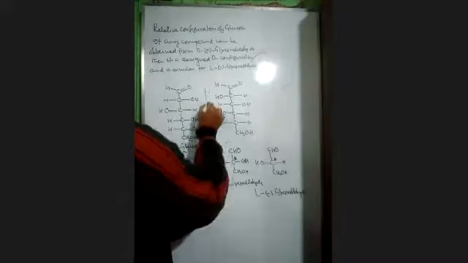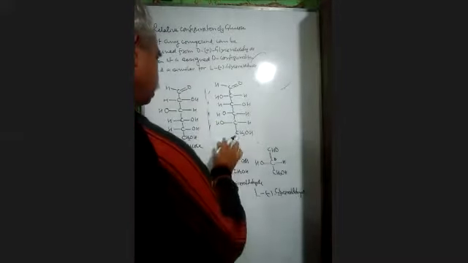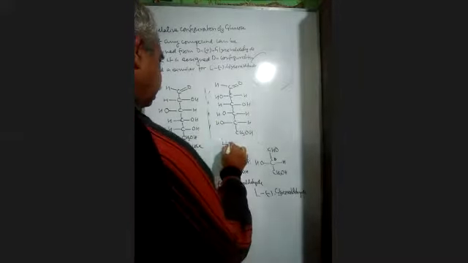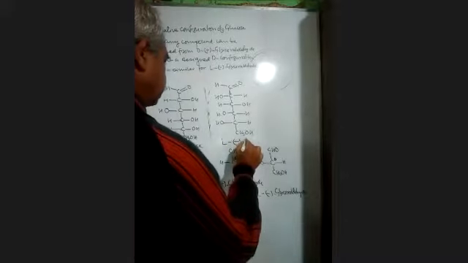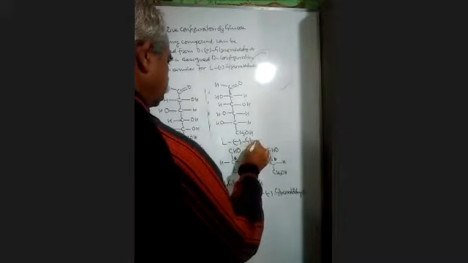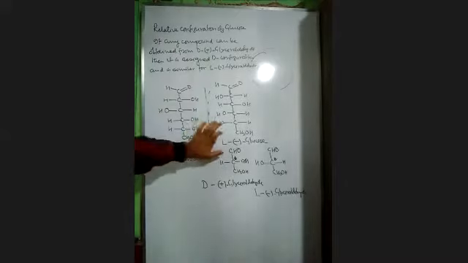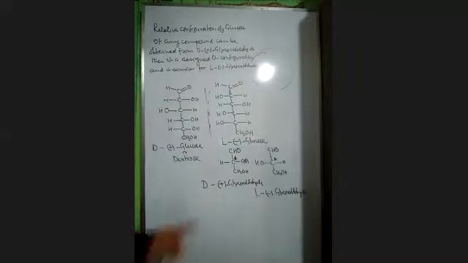Is it not? So we'll call this L minus glucose. So our body wants this, not this. This cannot produce energy for our body. This is the one which is going to produce energy for our body.